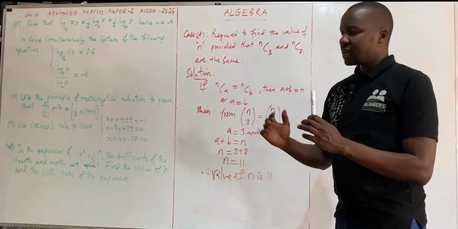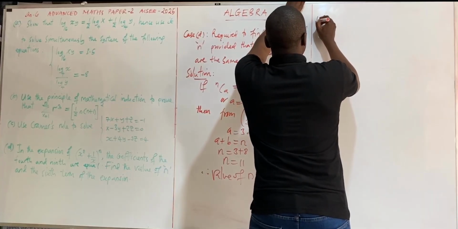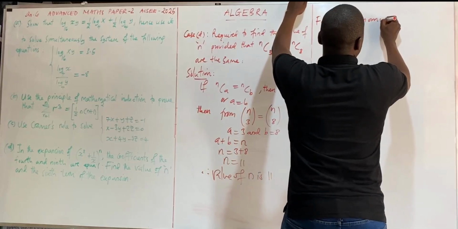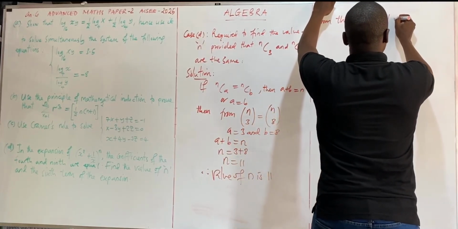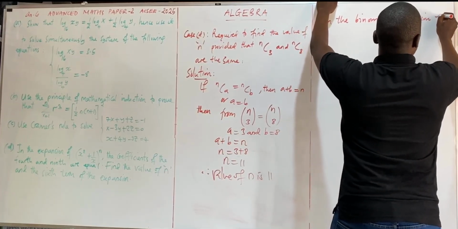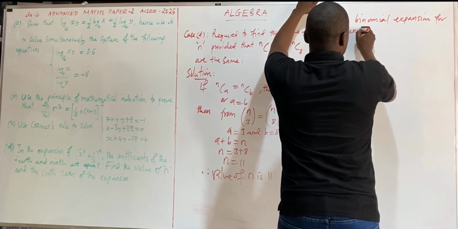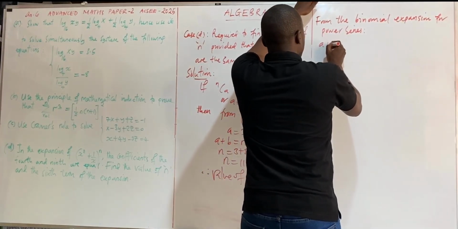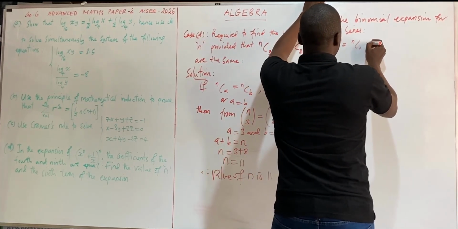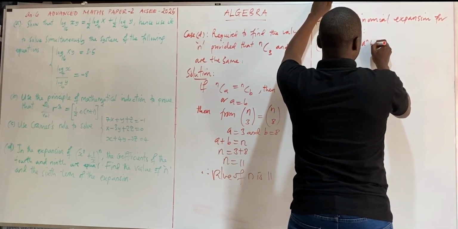From the binomial theorem, the binomial expansion for a power series, say (A plus B) raised to n, we know this is n choose 0, A power n, B power 0, and so on.